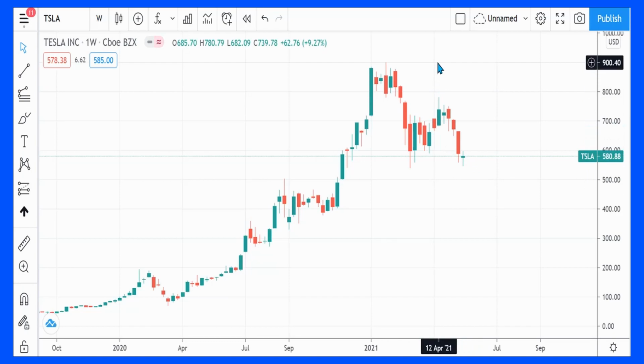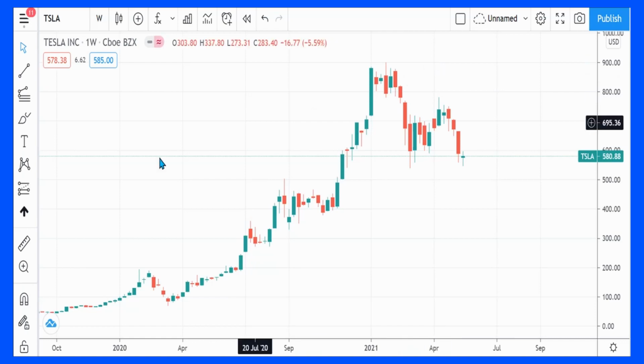So it's basically in a downtrend. Once it is in a downtrend, we can use this analysis to predict the target price where it's going to stop falling. Basically this is now in fall mode.